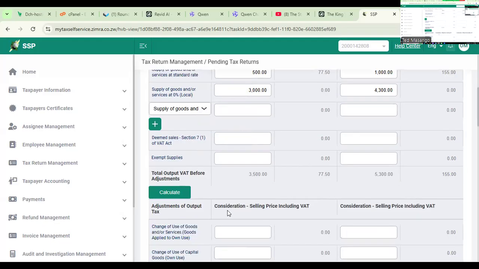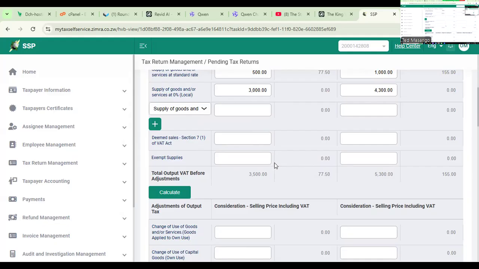Then once you do that, you can do the calculation, but the system does the computation. As you can see there, it added up my USD totaling 3.5. Then this is the tax on that. It added up my ZWG, bringing up this total. Then the VAT payable is that. So this first part has to do with your output tax.